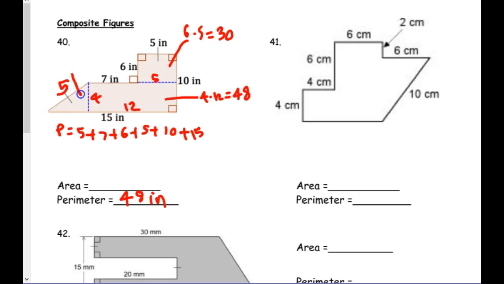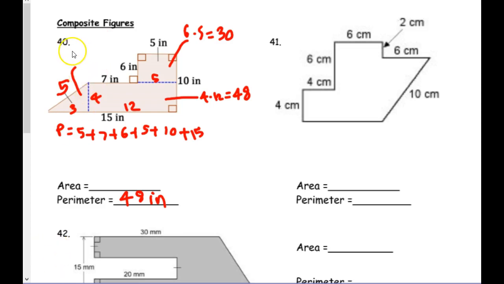And this right here is base times height divided by 2. So if this thing is 12 and the whole bottom is 15, then that makes this 3. So base is 3, height is 4. So 3 times 4, and then divided by 2, since it's a triangle, it's going to give me 6. So I got my 3 areas. Actually, let's rewrite that because it looks like garbage.